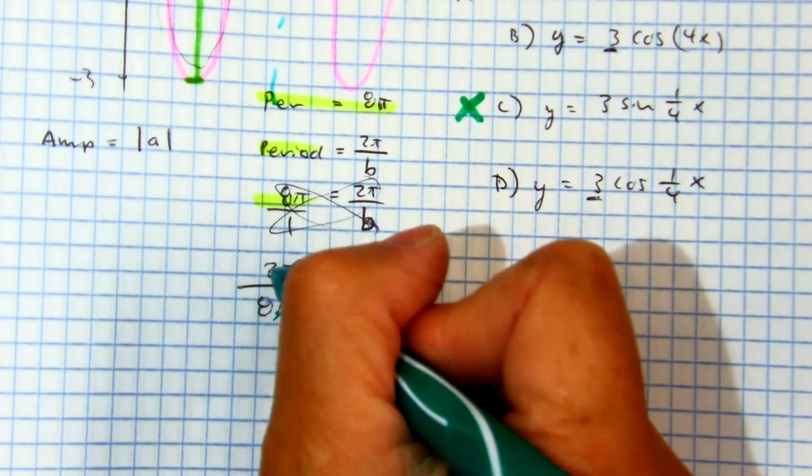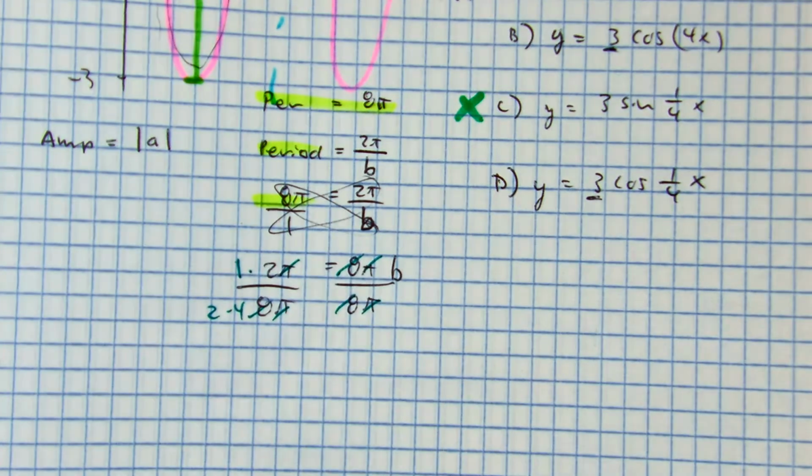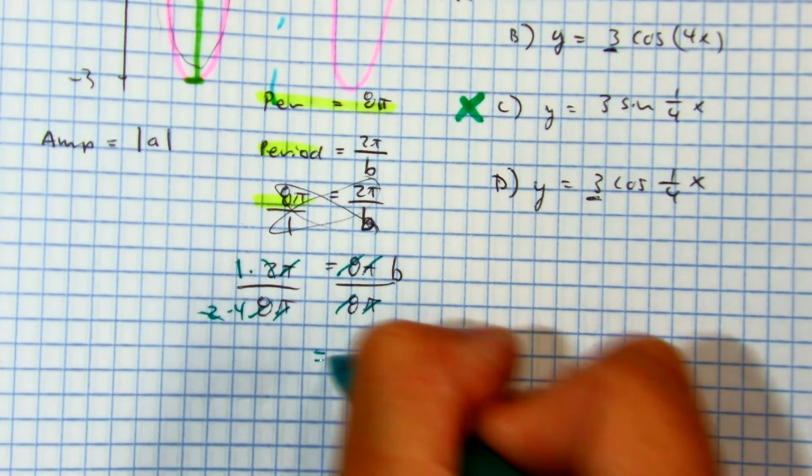This is essentially 1 times 2. 8 is 2 times 4. Your 2's will cancel, so your b value is 1/4.